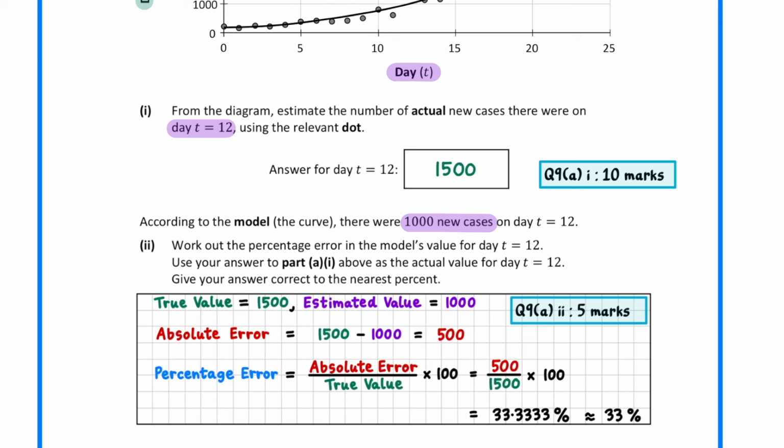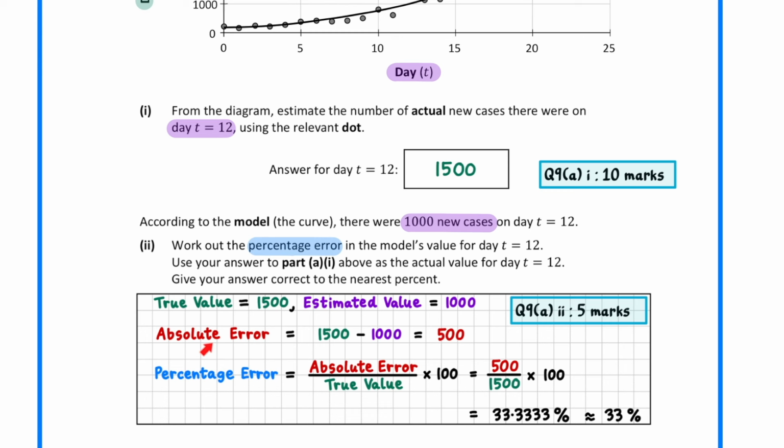In part 2, we are told that the model estimates 1,000 new cases when t equals 12. We must calculate the percentage error of this estimate. From part 1, the true value of new cases on day 12 was 1,500. The estimated value from the model is 1,000.